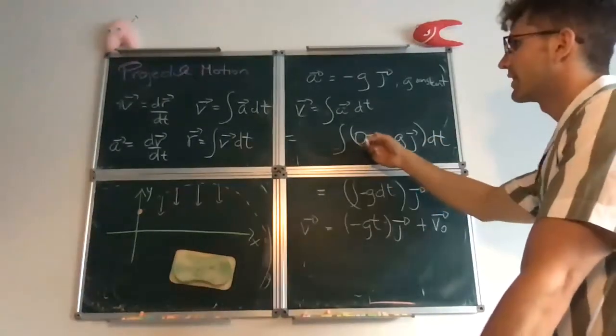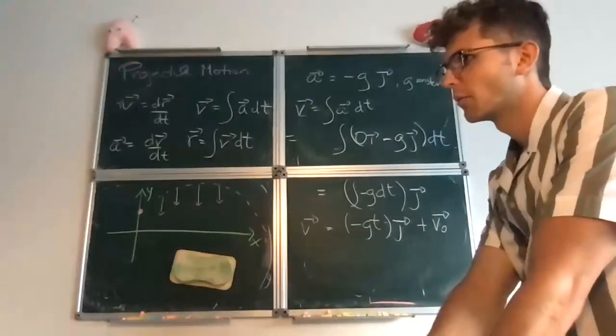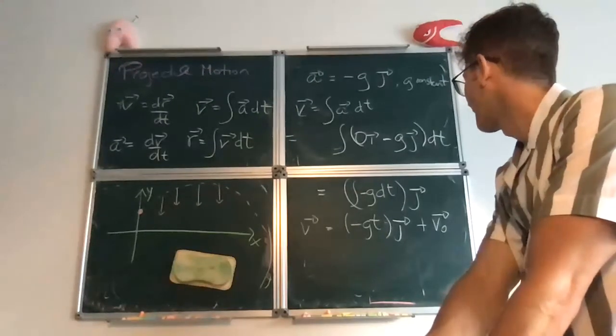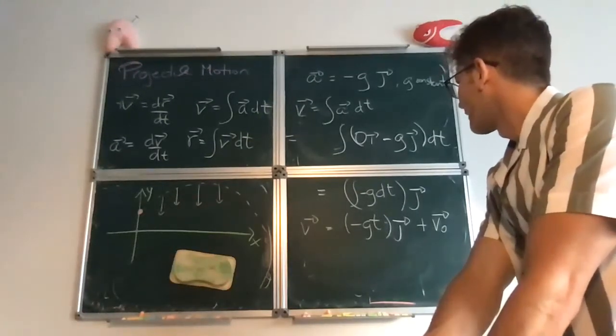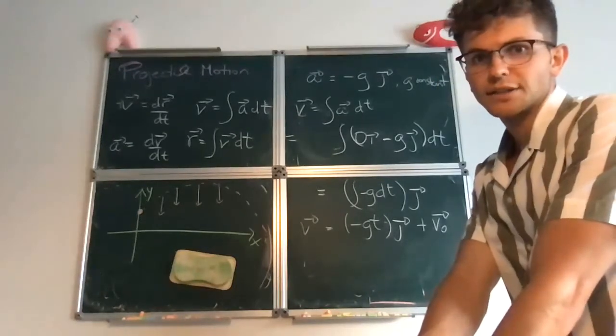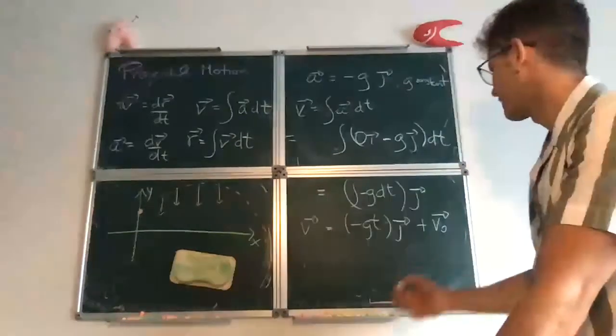But when you integrate 0, the integral of 0 is just an arbitrary constant, because any constant function gives you 0. So that's this v0.